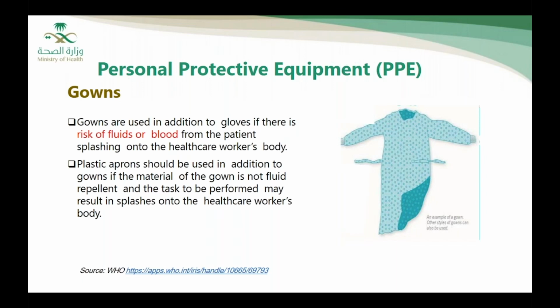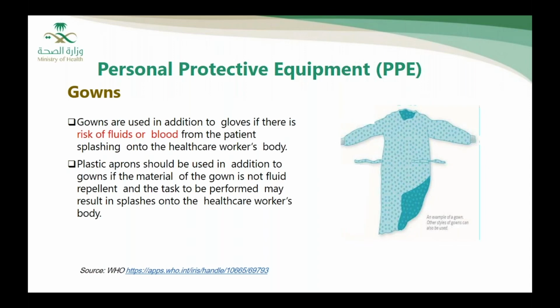Gown. Gowns are used in addition to gloves if there is a risk of fluids or blood from a patient splashing onto the healthcare worker's body. A plastic apron should be used in addition to the gown if the material of the gown is not fluid repellent, meaning it does not prevent fluid from going inside, and the task to be performed may result in a splash onto the healthcare worker's body.